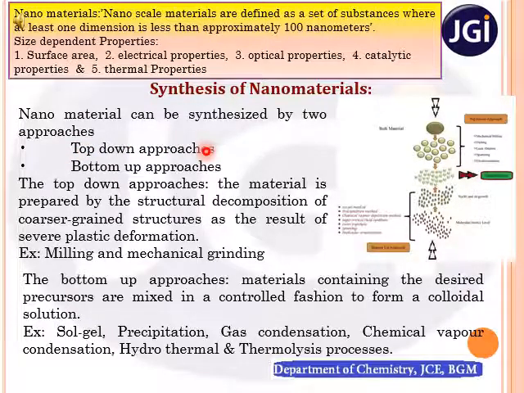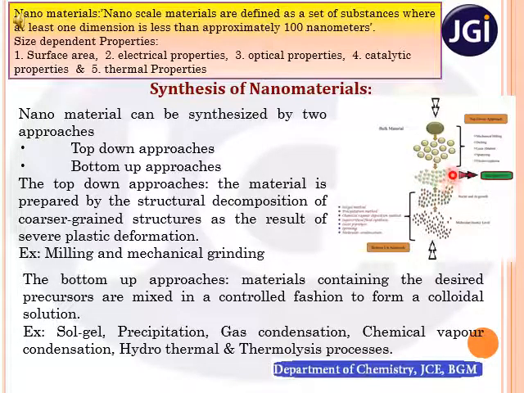And another one is bottom-up approaches. This is more important because it has more advantages when compared to the top-down approaches. In case of bottom-up approaches, we are taking the precursor or the raw materials and we start growing the desired compounds as a nanoparticle itself.